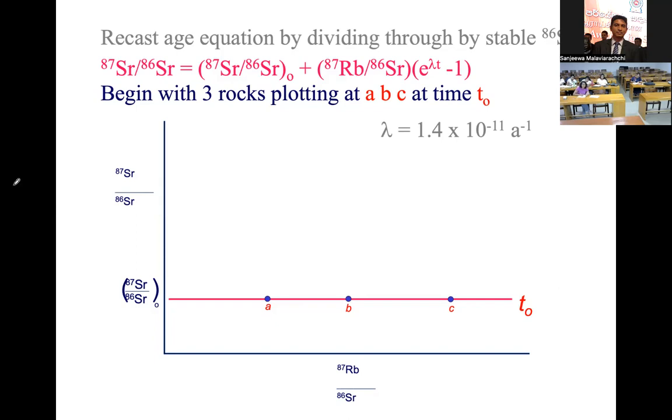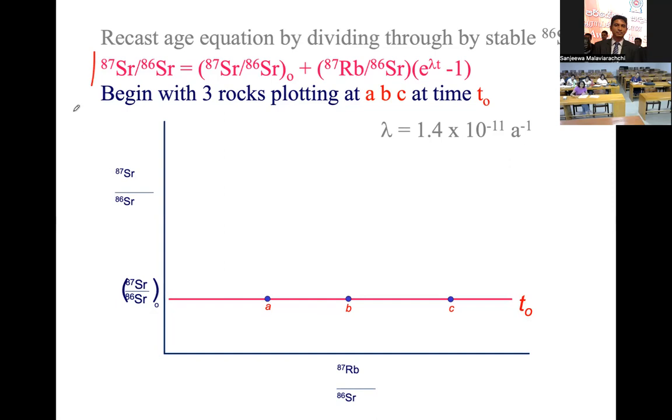Right, just recall the age equation which can be applied to the rubidium-strontium system. Do you remember the last slide that I taught you last week? We have this equation, right?